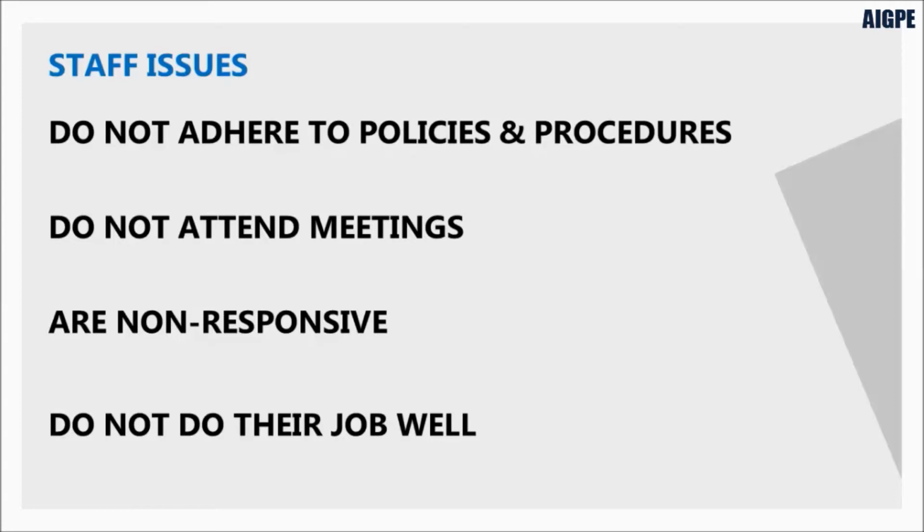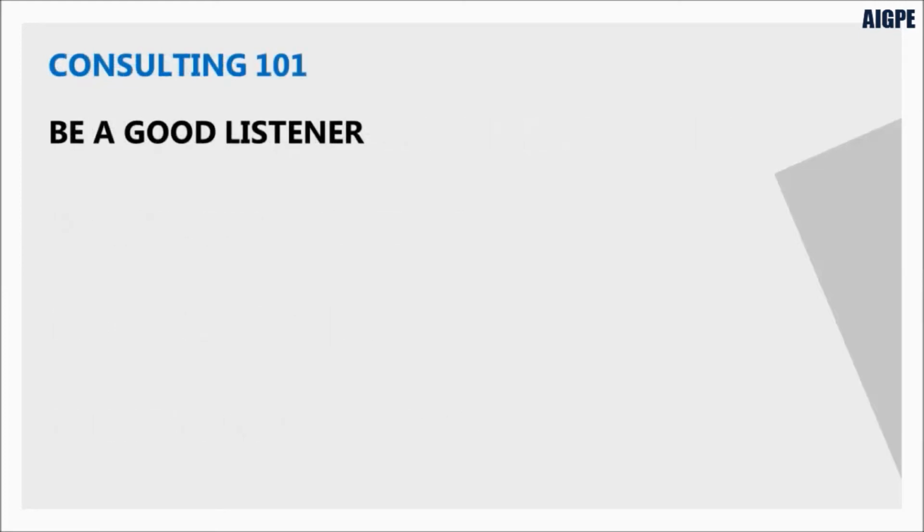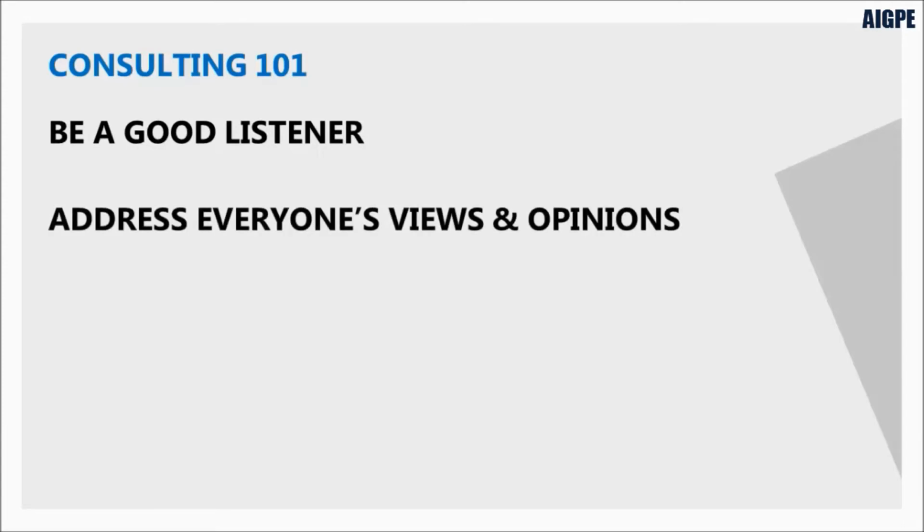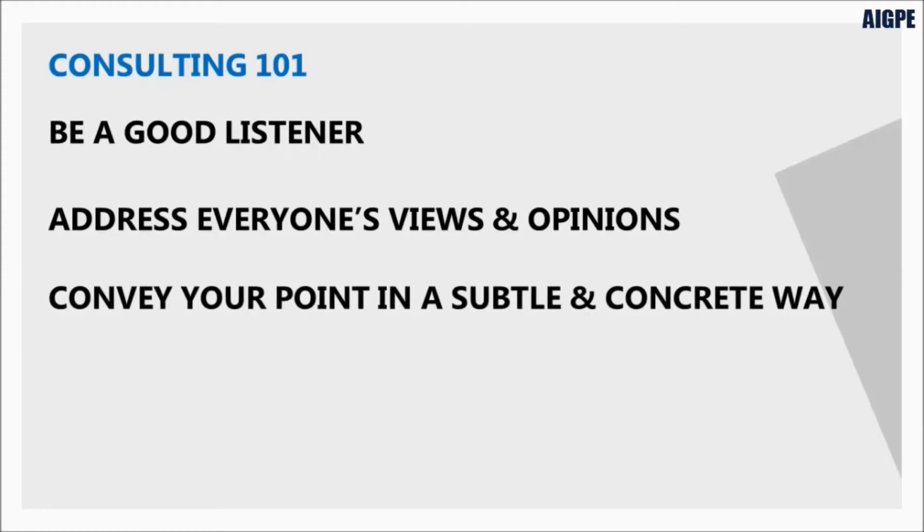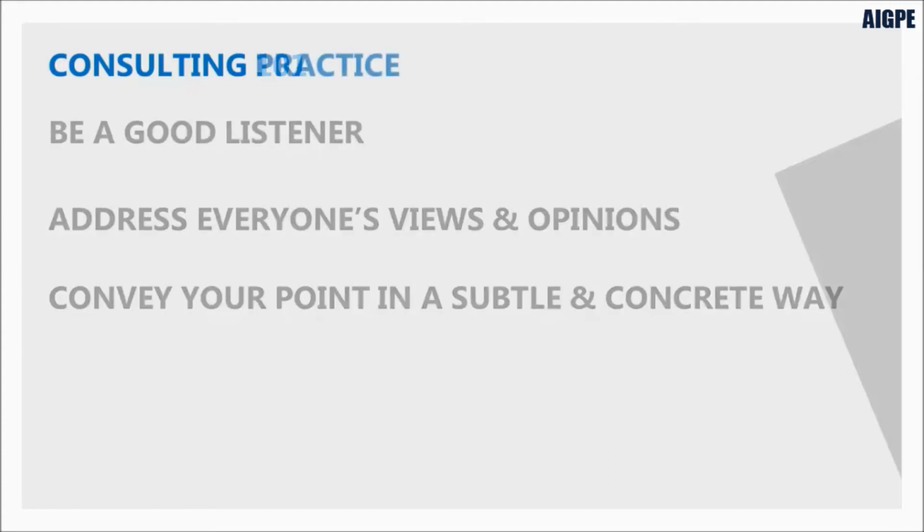But how could you tell this to him? He wanted to do Six Sigma projects so desperately that if I shared in his process we cannot deploy Six Sigma, there was a risk of hurting him. In consulting, it is very important to address everyone's views and opinions and still convey your points in a subtle but concrete manner. So I grabbed a pen and paper and drew a table in front of him.